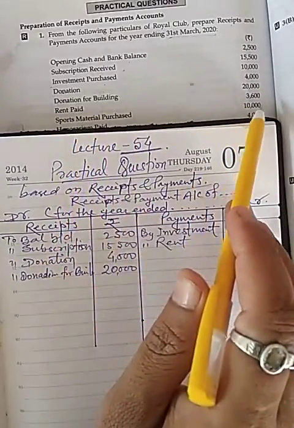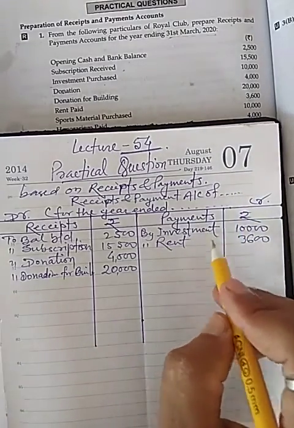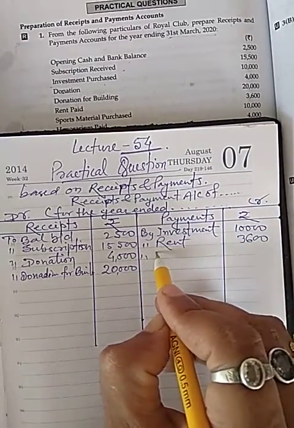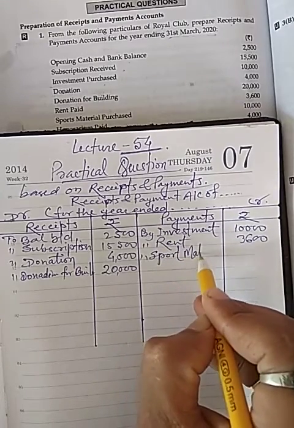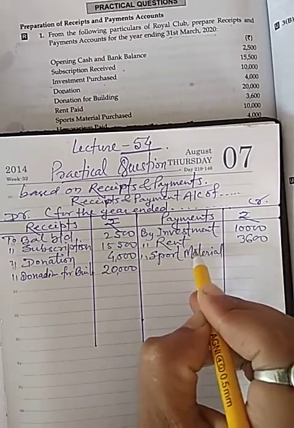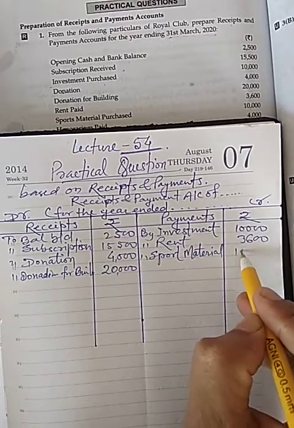Sport material purchase, it will also be payment, so it will shown in payment side. Sport material, amount is given 10,000.